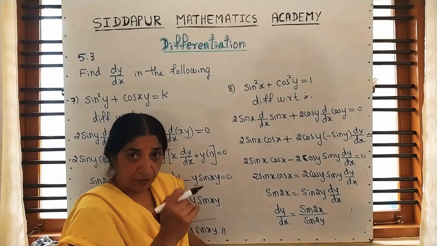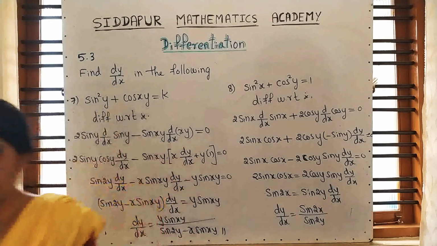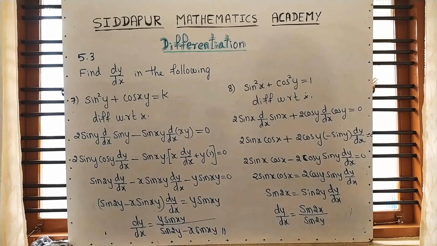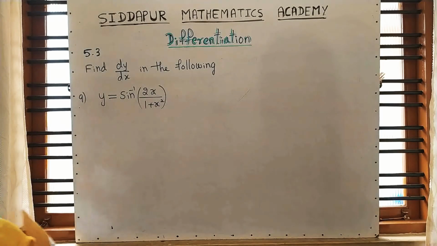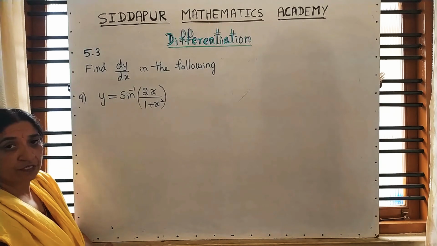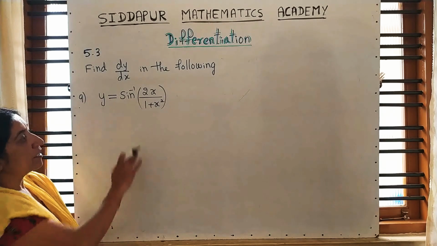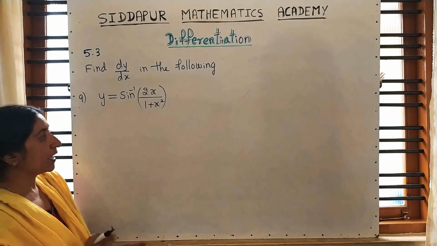Now we are moving to the differentiation of inverse trigonometric functions. Here in 5.3 only, the next questions are related with differentiation of inverse trigonometric functions. And here it is sin inverse. Don't apply the formula directly.